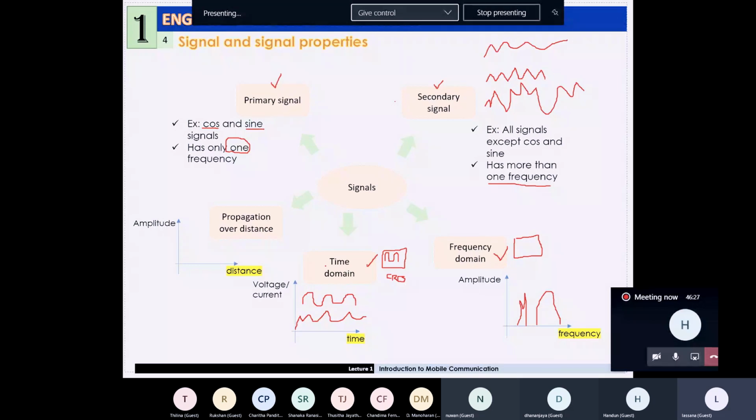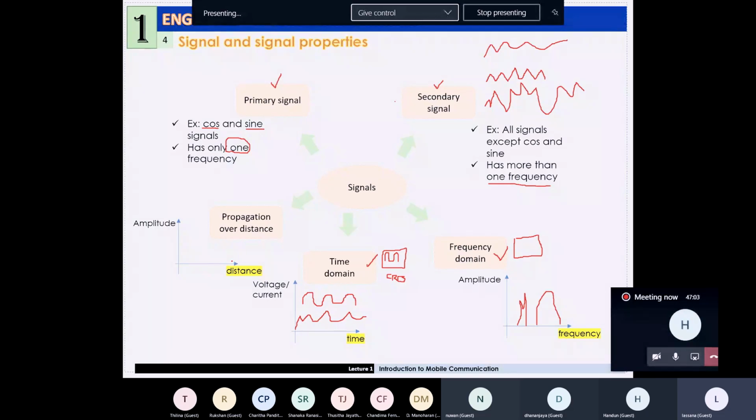Because you may have already heard that we normally say my antenna is transmitting a particular signal from my base station, and the signal goes to a receiver that is maybe 20 kilometers away from my transmitter. That means my signal goes from my base station, the transmitter station, to the receiver, and the distance between the transmitter and the receiver is 20 kilometers.